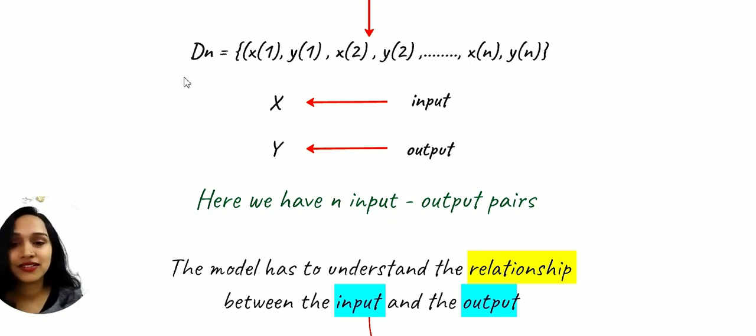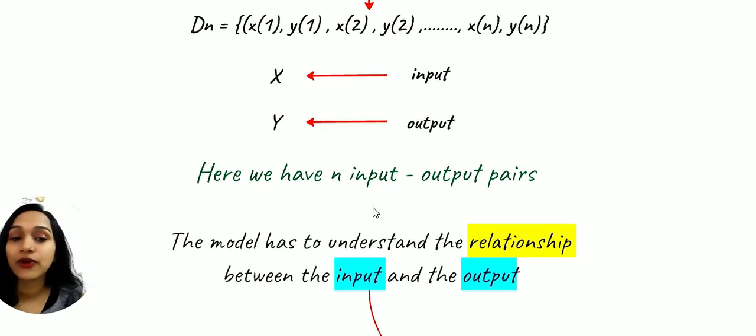So we can generalize that our dataset is in the form of input-output pairs in a supervised machine learning setting, and here we have n input-output pairs. That is, how many images we have and all the corresponding labels of those images. Every input corresponds to an output or a label.